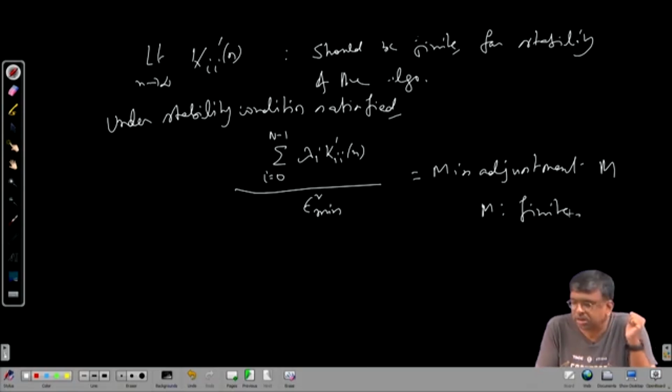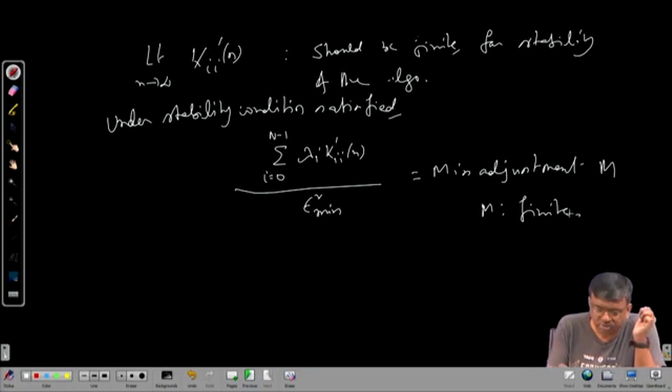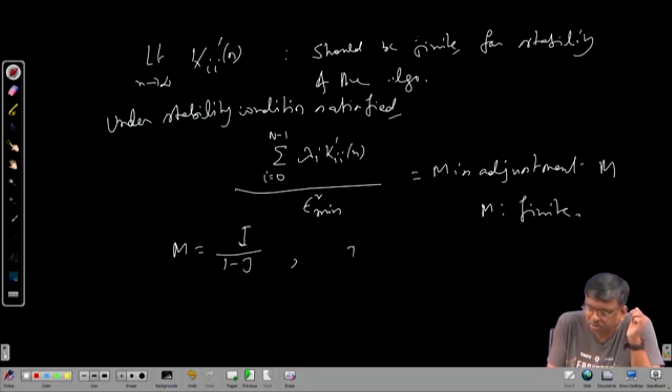Okay. Now, this M can be worked out. This is a very lengthy procedure, though a very educative procedure. One gets to learn a lot of techniques and tricks, but in this short course I cannot go through the derivation. So, I will give you the formula of M that people derive, and that is M equal to J by 1 minus J, where J is our summation.